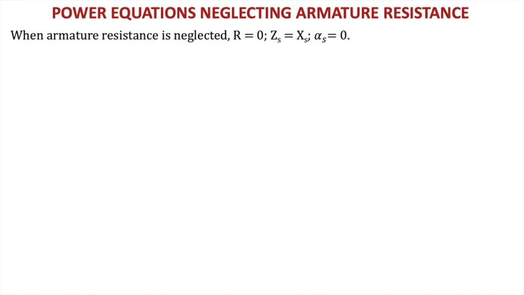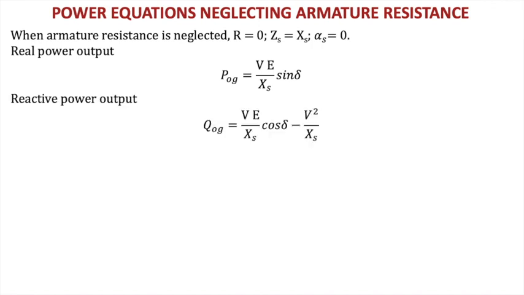Now when we neglect the armature resistance in the equations we have derived, R will be 0 and therefore the impedance will be equal to the reactance and alpha s will also be equal to 0. So the real output power becomes VE by Xs sin del.